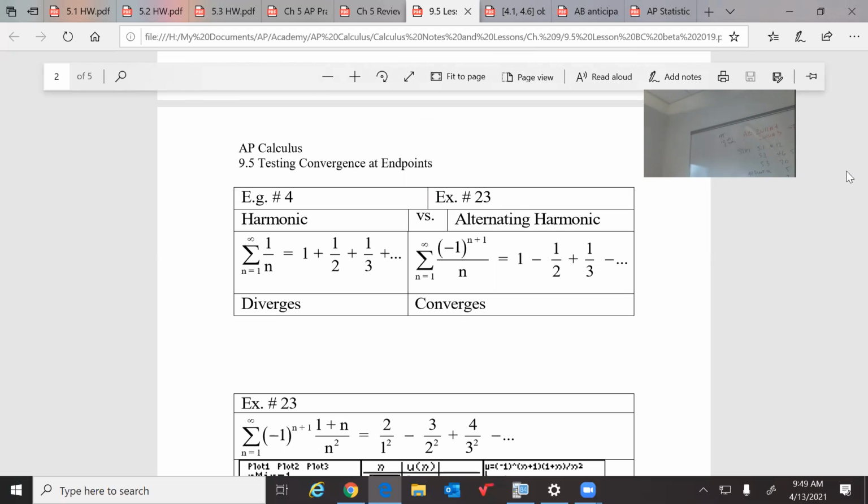In fact, the harmonic diverges. But the alternating harmonic converges. If the signs alternate in the harmonic, then it will converge. So you're going to problem 23. I'm going to pause this, and you go to 23, please.